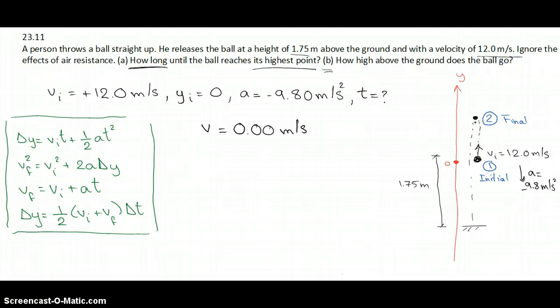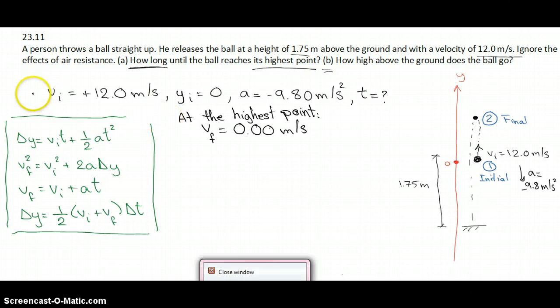It doesn't mean that it stops and it stays in midair. It stops for a fraction of a second and then moves down. So at the highest point, the velocity is 0. What velocity is it? The initial or the final? It is our final velocity because it's this final point that we're studying in this question.